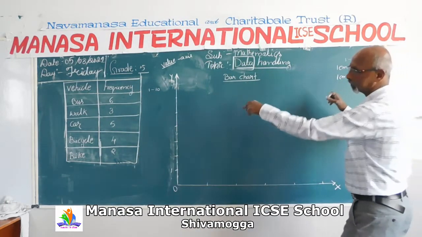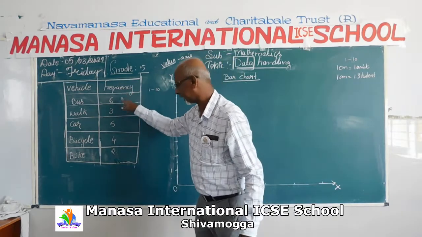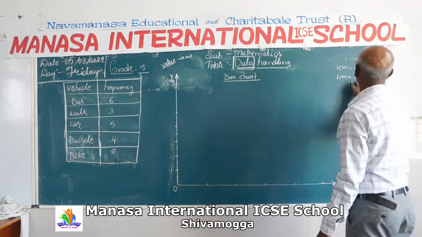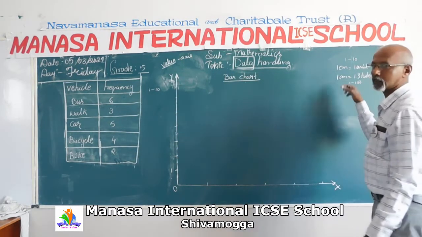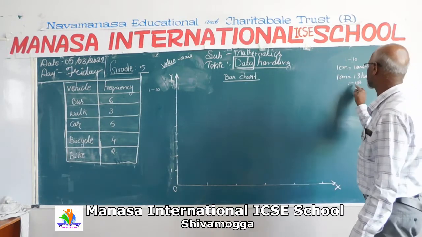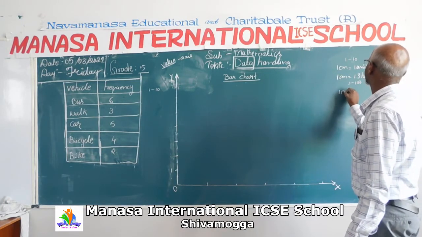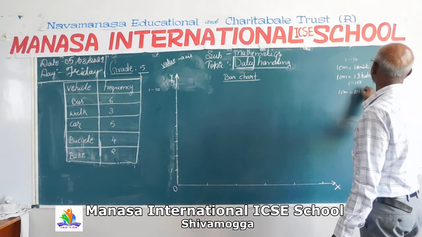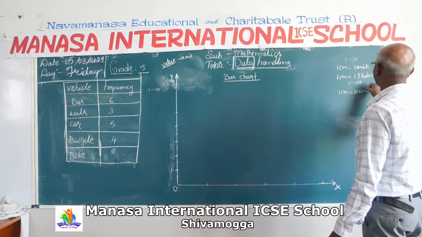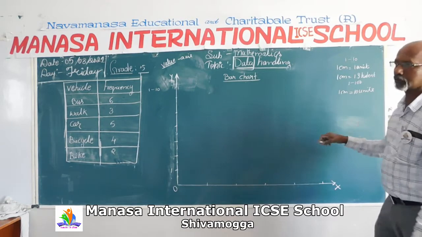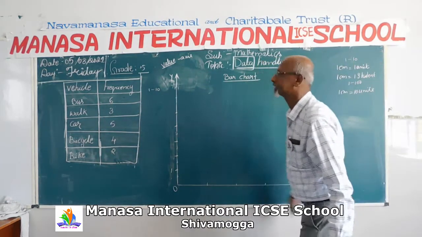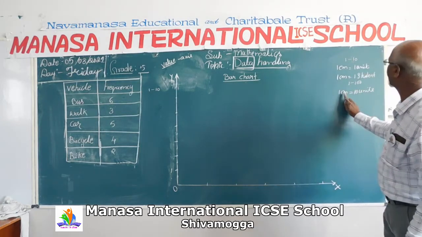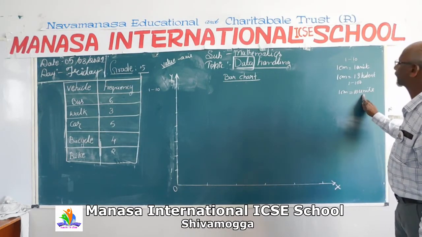If the frequency lies between 1 and 100, what scale should we choose here? 1 centimeter is equal to 10 units. It means everything will come in a 10 by 10 size. That is why we chose the scale 1 centimeter is equal to 10 units.